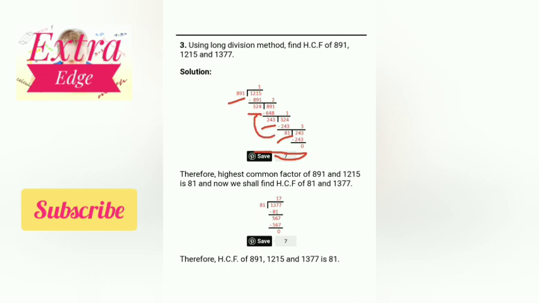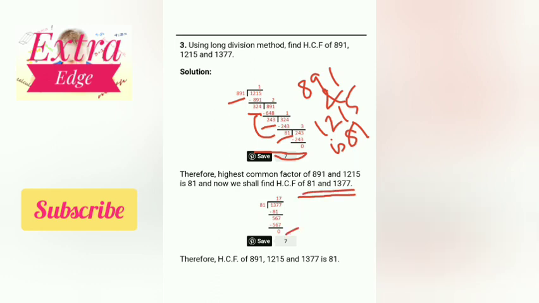So the HCF of 891 and 1215 is 81. Now we'll find the HCF of 81 and the remaining number, 1377. When we divide, we get a remainder 0. So the HCF of all the 3 given numbers is 81.